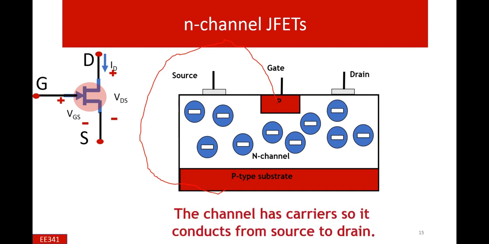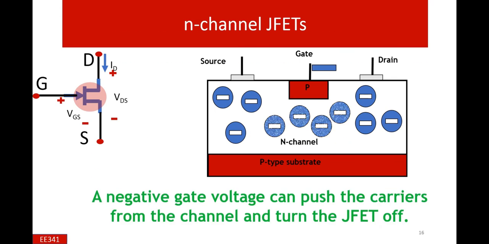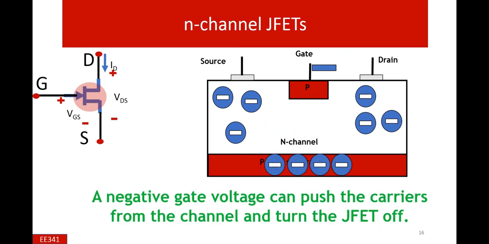Electrons are moving from here to here. If we change the width, this flow will definitely change. And if we apply a negative voltage here, what happens?